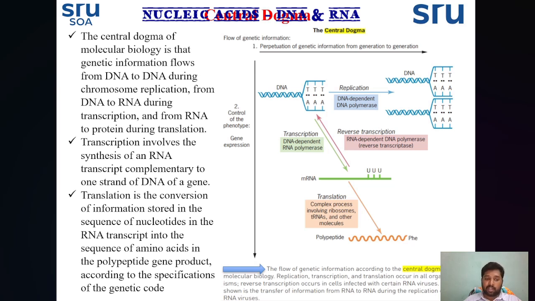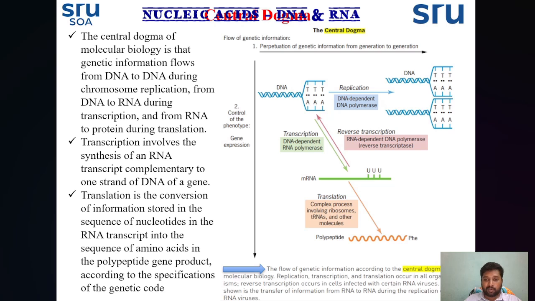The RNA molecule then transfers the genetic information to a protein by specifying its amino acid sequence. This process is called translation. The information must be translated from the language of nucleotides into the language of amino acids.